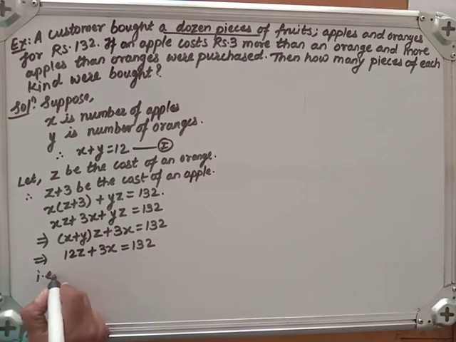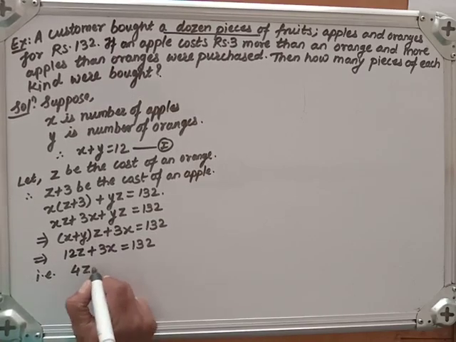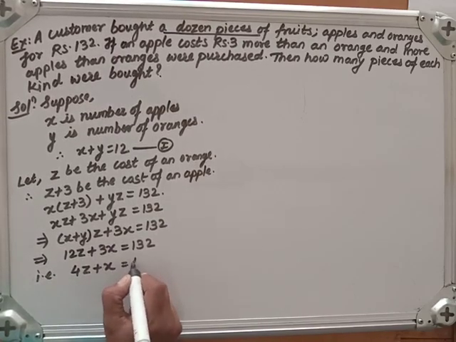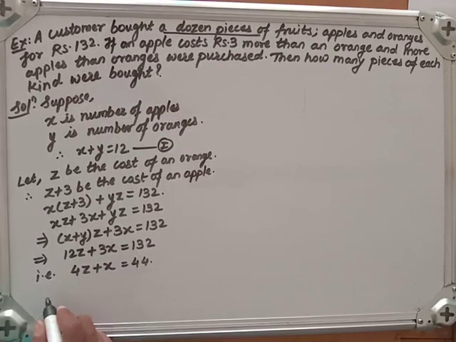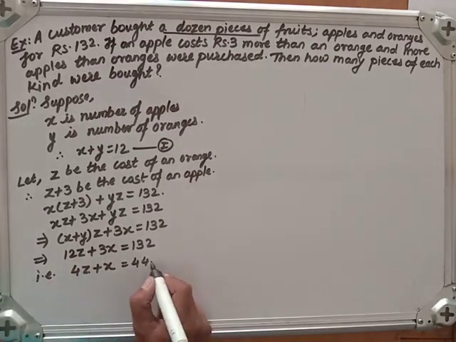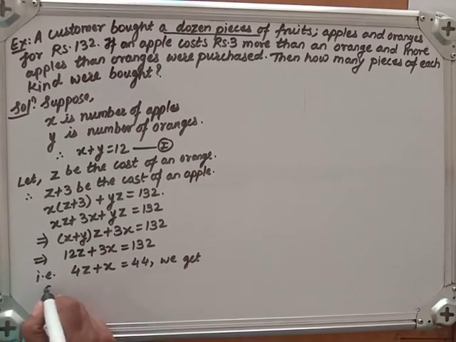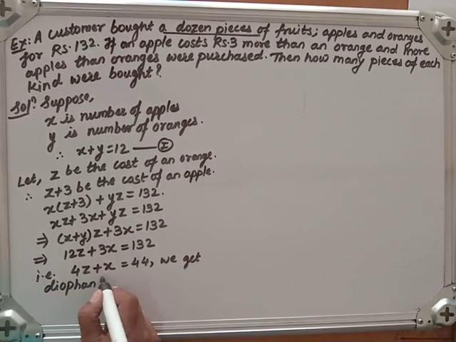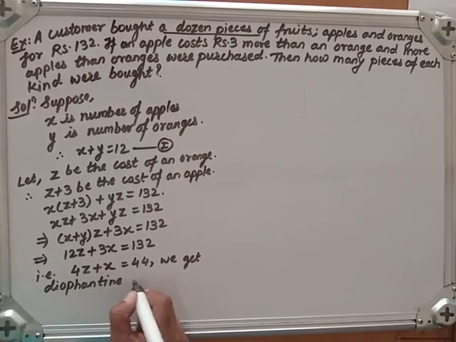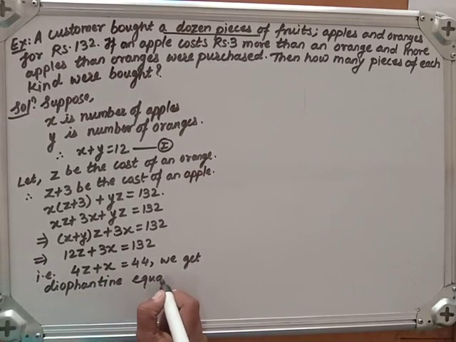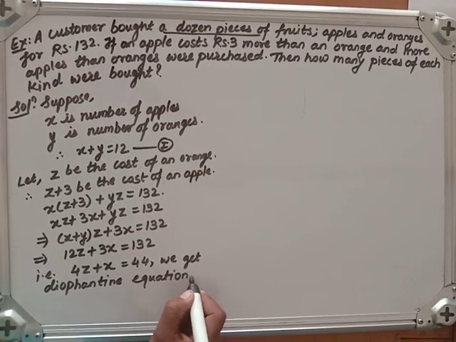That is 4z plus x is equal to 44. We get, this is a Diophantine equation.